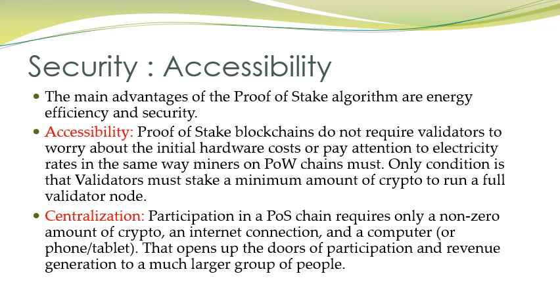Participation in a proof of stake chain requires only a non-zero amount of cryptocurrency, an internet connection and a computer, and this is the only requirement to participate in the proof of stake consensus mechanism. There is no chance of centralization in the proof of stake algorithm, where only a few nodes would control the system.